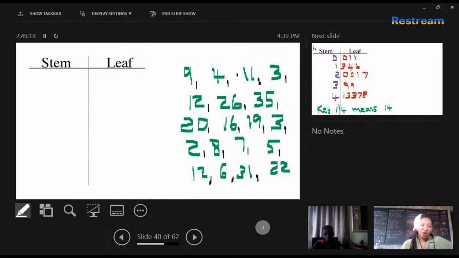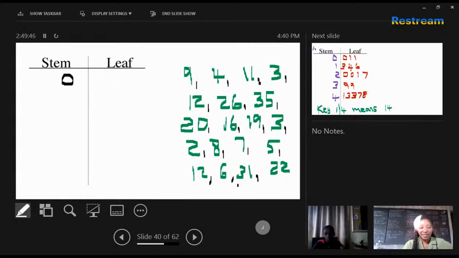So therefore, if we are to put these digits in the plot, we would look first for the single digit numbers. So we have 9, 4, 3, 3, 8, 2, 7, 5, 6. So let's put those in. So those would start with a 0 on the stem.